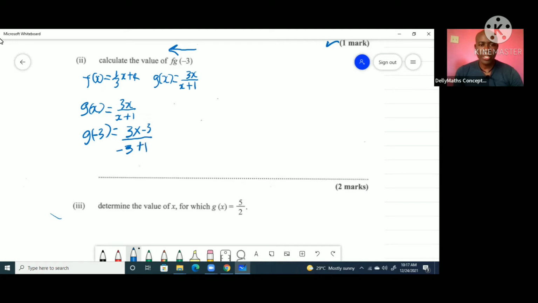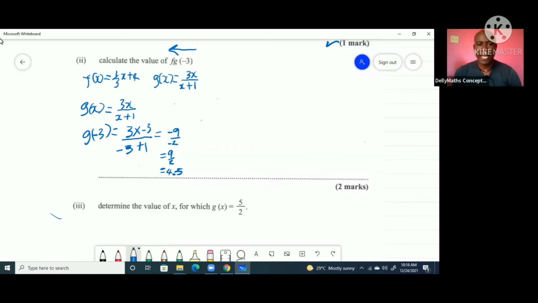If we go forward, we'll have -9 over -2, and this will take us to 9 over 2. And for some people, we might say 4.5. So 4.5 or 9 over 2, whichever one we like.